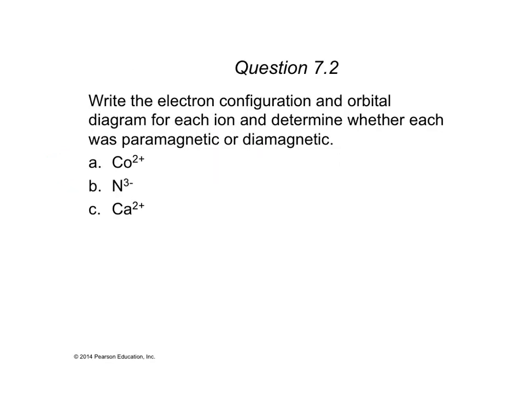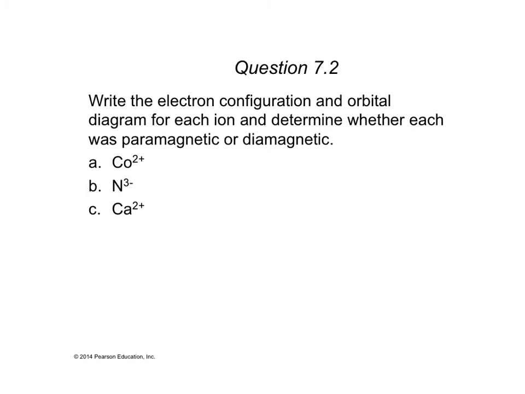Okay, so here's a question where you could apply this. I want you to write out the electron configuration for each ion that I've put, A, B, and C. Then I want you to draw the orbital diagram and tell me whether the atom or the ion is paramagnetic or diamagnetic.